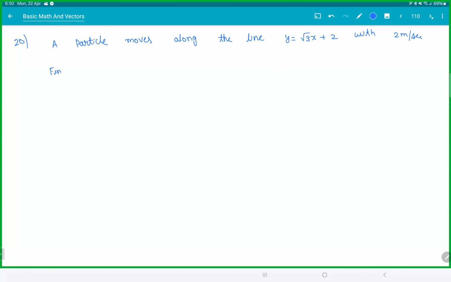Find the velocity vector. This is mostly based on the position vector which we did last time. Velocity vector means I want you to tell me in terms of i cap and j cap.